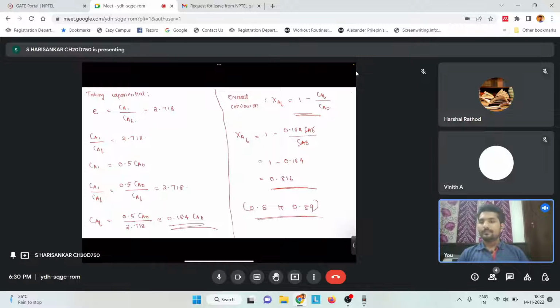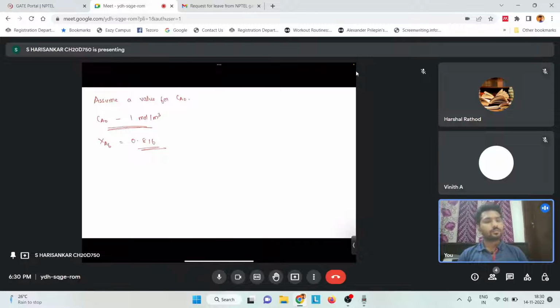If this is a bit complicating, what we can do otherwise is just assume a value for CA0 and then follow the same steps. So you assume a value for CA0, apply the design equation for CSTR, we find the concentration of the outlet of the CSTR, CA1. So CA1, we got it as 0.5 CA0. So we'll get the CA1 as 0.5 mole per meter cube.